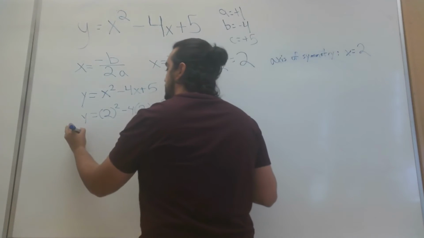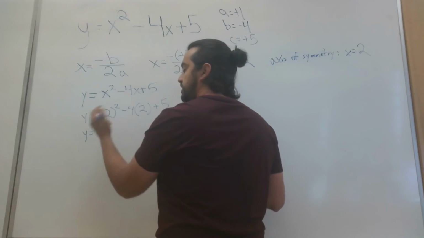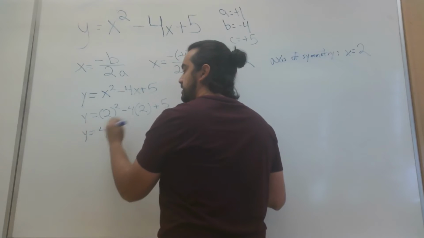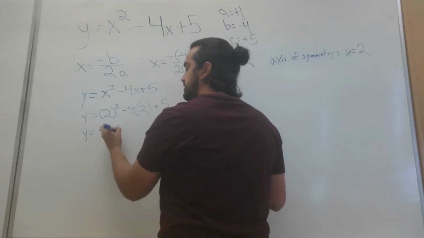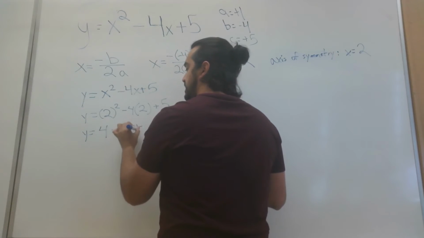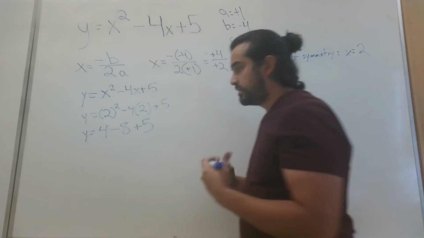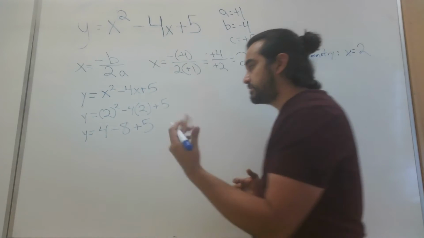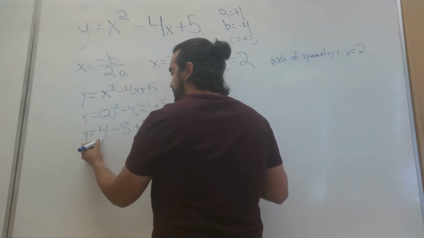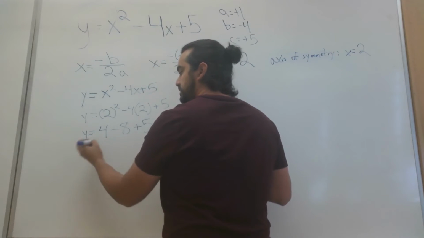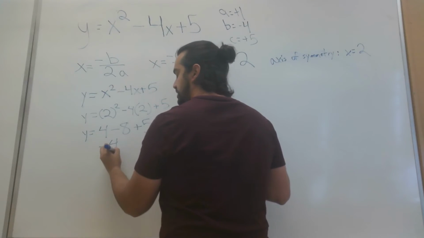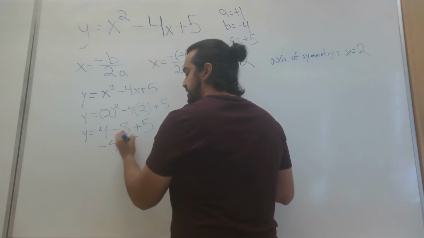And we're going to go ahead and simplify this. So we have y equals 2 squared would be 4. Negative 4 times 2 gives you negative 8 and plus 5. Finally, it's going to be 4 minus 8 gives you negative 4 plus 5.